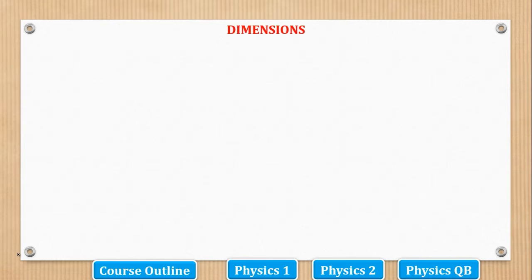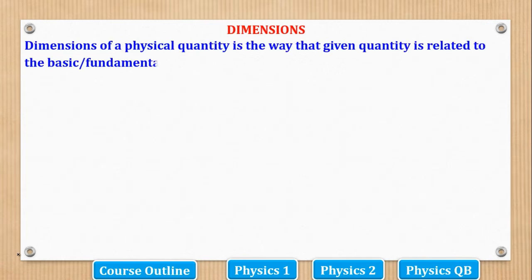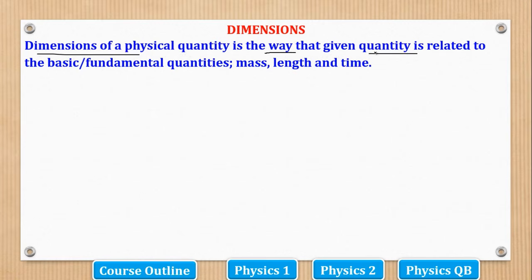So let's start our topic of dimensions. By definition, the dimension of a physical quantity is the way that given quantity is related to the basic or fundamental quantities. There are 3 basic quantities, which we can also call fundamental quantities, and those 3 are mass, length, and time.